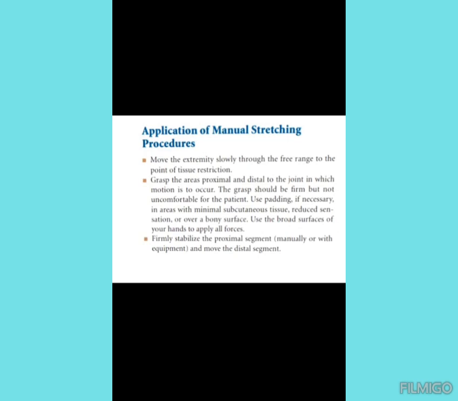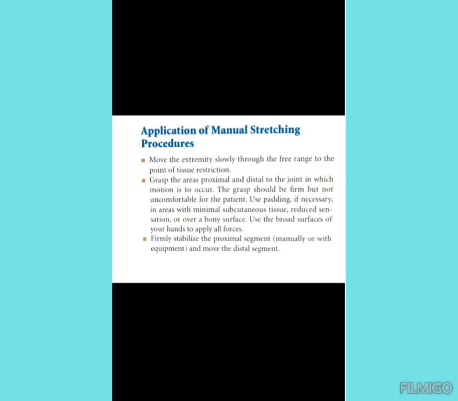Next comes the application of the manual stretching procedure. So we have to move the extremities slowly through the free range to the point of tissue restriction, and we have to grasp proximal and distal to the joint in which motion is to occur. Always use the broad surfaces of your hands to apply the forces and firmly stabilize the proximal segment either with equipment or manually, and then we move the distal segment.